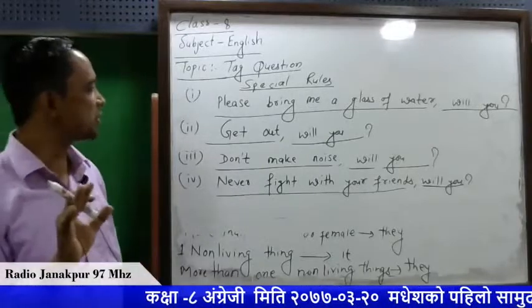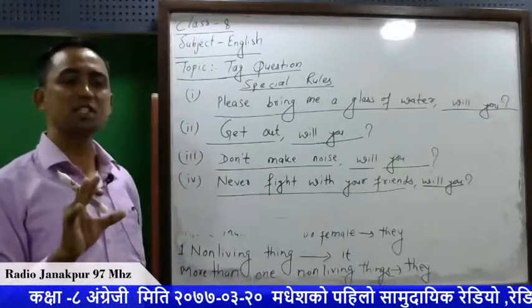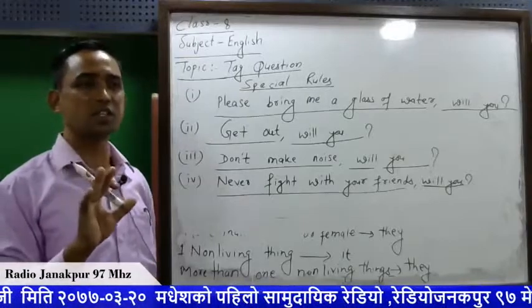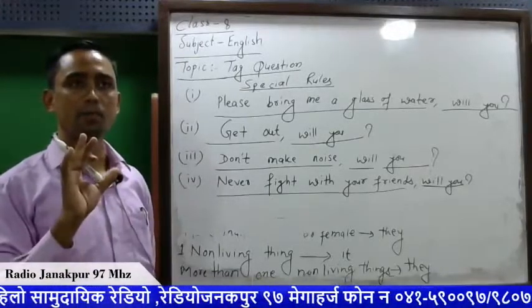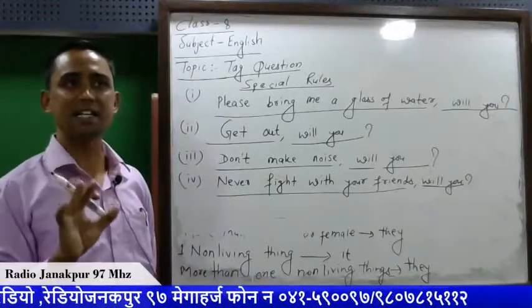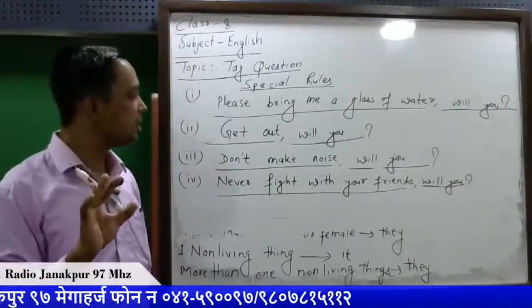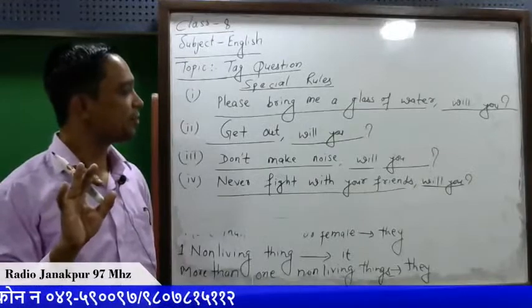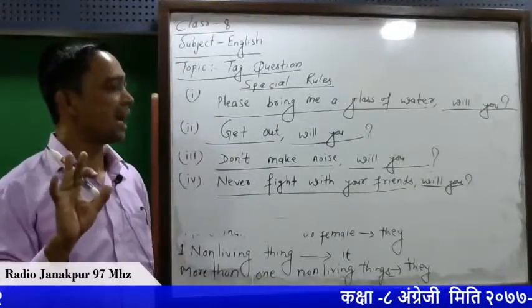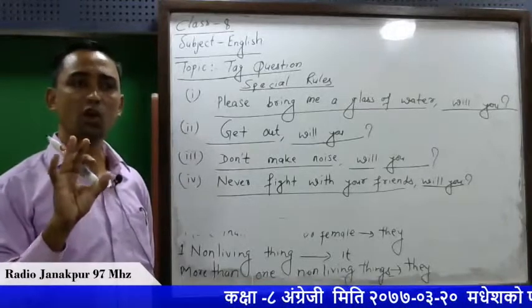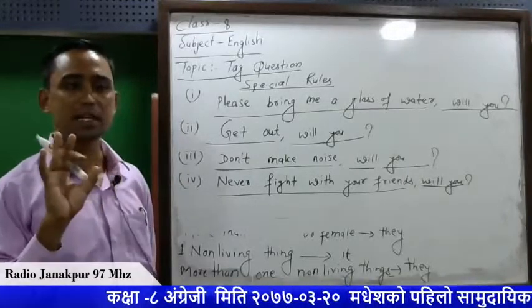Second thing, we have studied that question tag is tail question added at the end of the sentences. First of all, comma is added at the end of the sentence, then there must be question mark at the end of the question tag, and in question tag, all letters should be small letters.